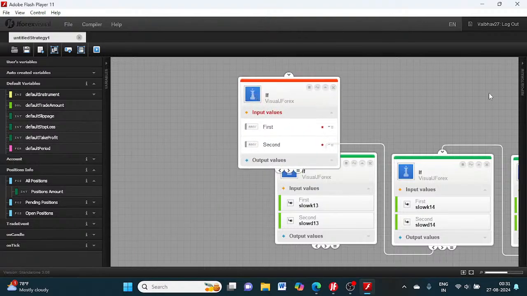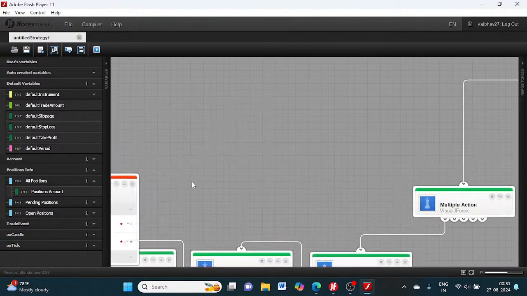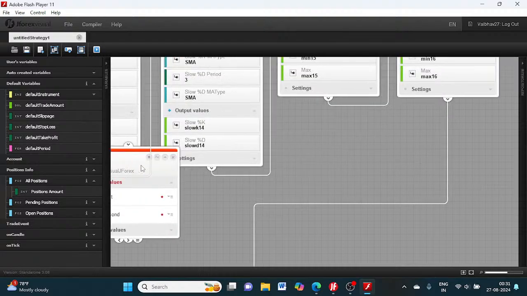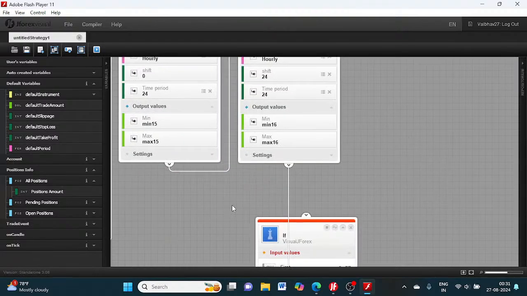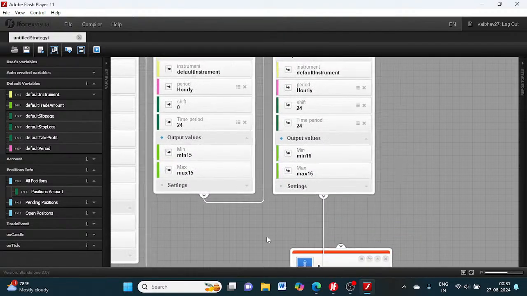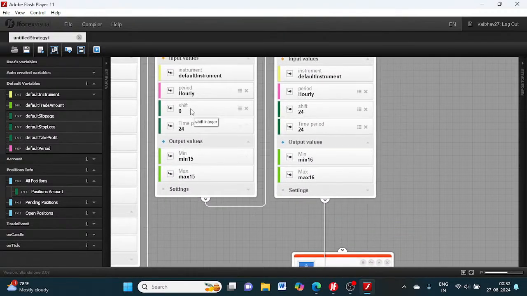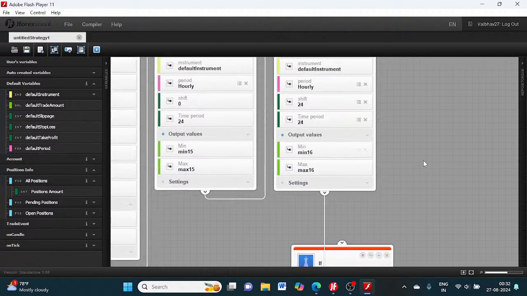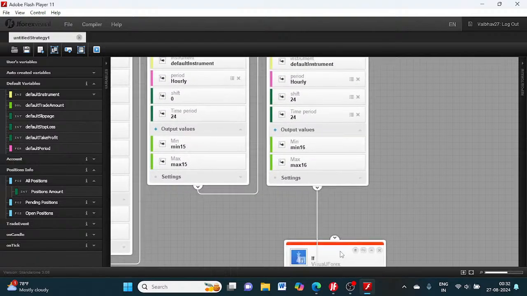Now what we need is to do a comparison for the min-max value, and the buy trade should take place only when the recent minimum, that is the current minimum, is above the minimum value 24 hours back.